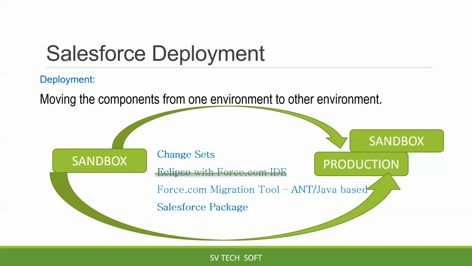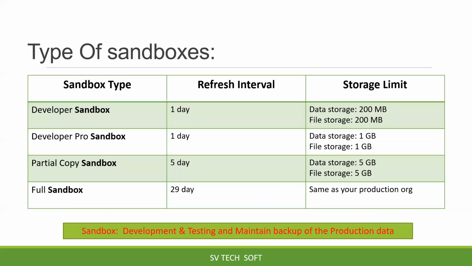Okay, and we have sandboxes. There are multiple sandbox types. I'll tell you a real-time scenario. Say we have a production environment with some 20,000 records, and your team is building a new feature in a sandbox, and that feature is tightly coupled with the data volume.